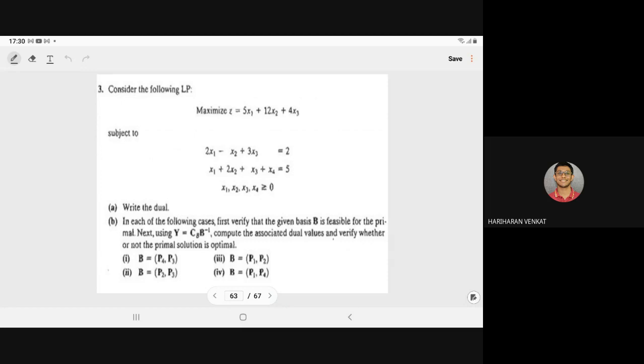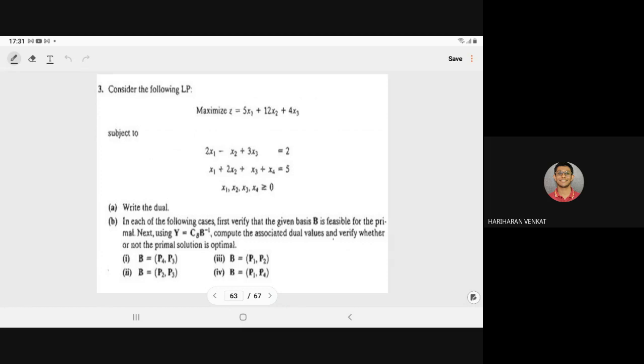Now consider the following LP. Maximize z is equal to 5x1 plus 12x2 plus 4x3 subject to 2x1 minus x2 plus 3x3 is equal to 2, x1 plus 2x2 plus x3 plus x4 is equal to 5, x1, x2, x3, x4 greater than or equal to 0.